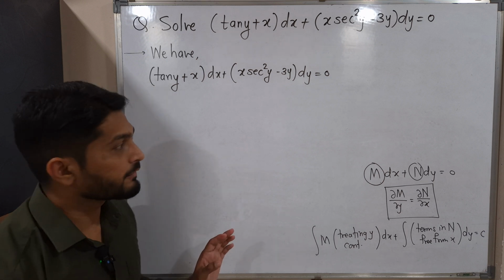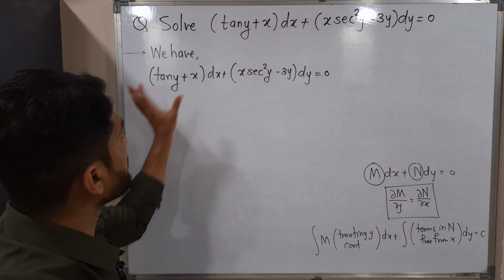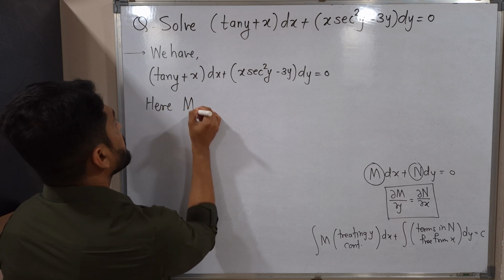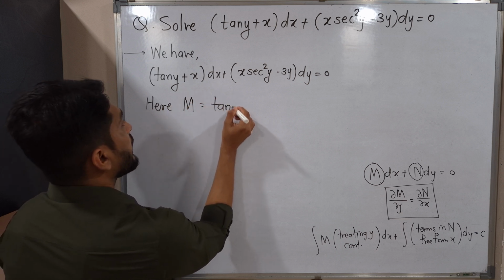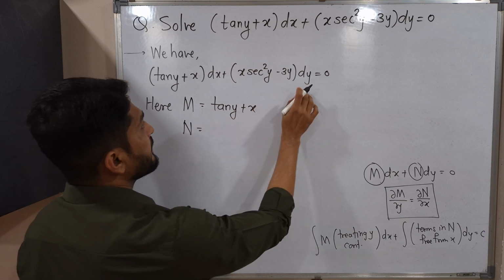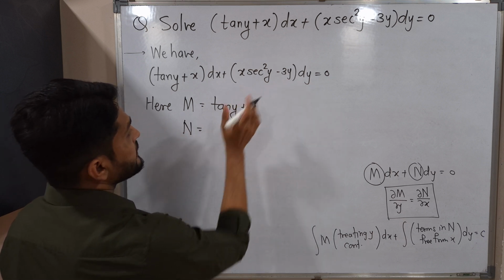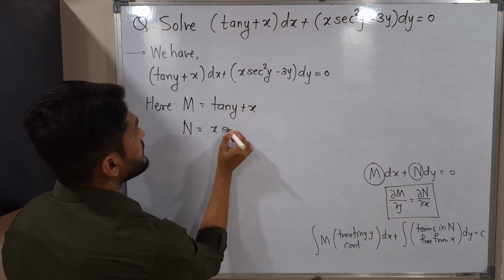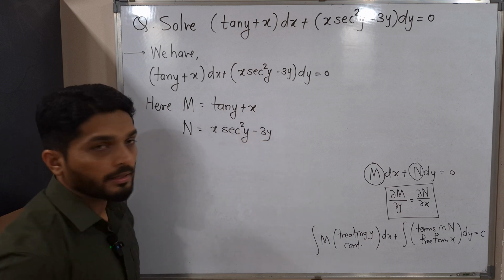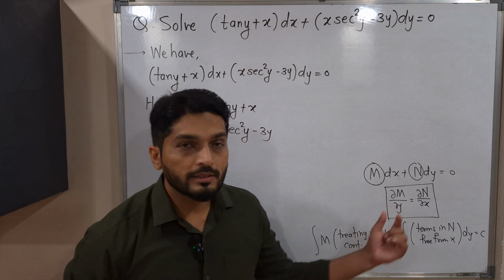This is the given differential equation. The multiple of dx is our M, so here M is tan y plus x, and the multiple of dy is our N. This bracket is our N, so N is x sec square y minus 3y.